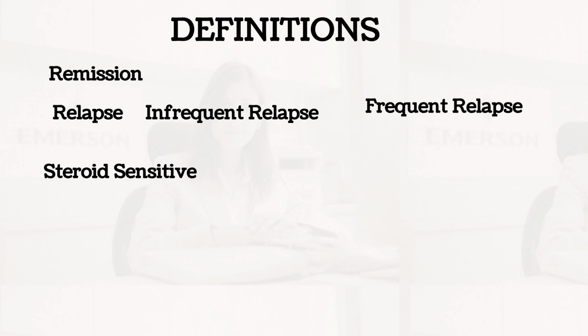Then on the steroids, we can have steroid sensitive, steroid resistance and steroid dependence. Steroid sensitive, we define as a normalization of proteinuria within 4 weeks after start of the standard initial therapy with daily oral prednisolone. Steroid resistance is a failure to achieve remission in spite of 4 weeks of standard prednisolone therapy.